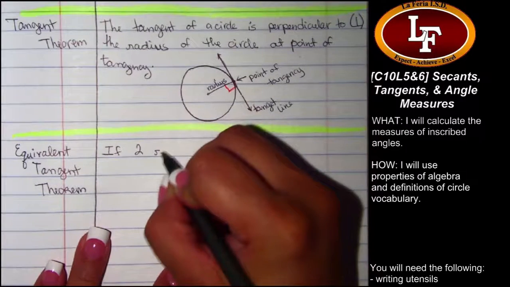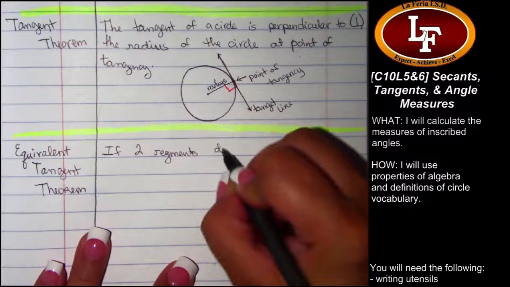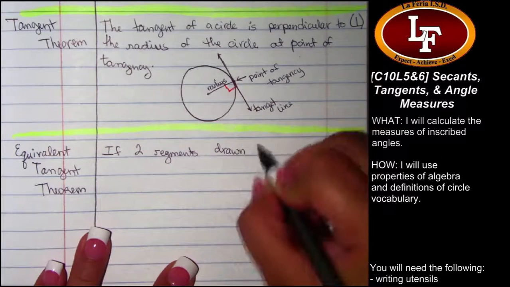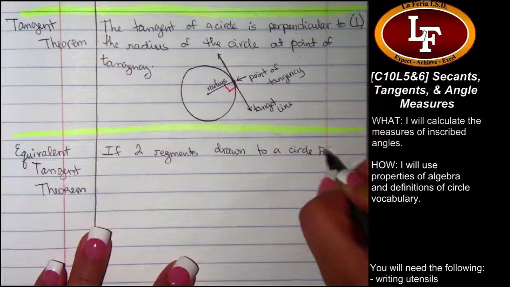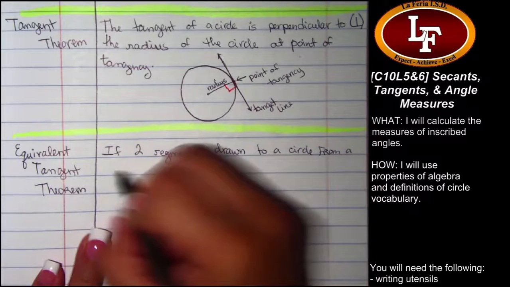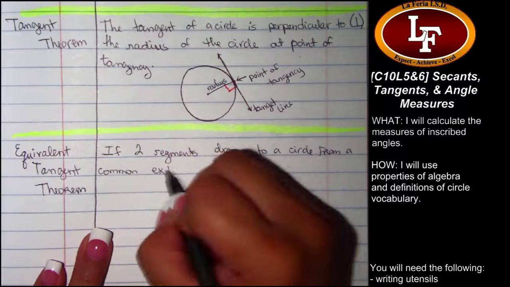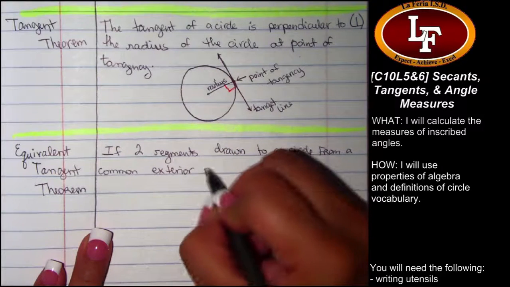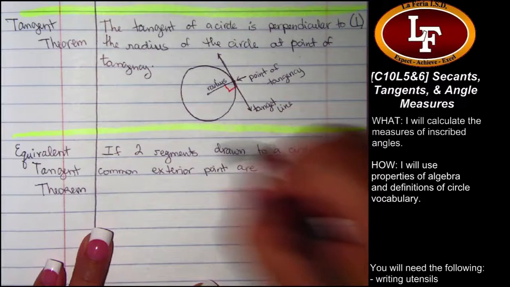It says, if 2 segments drawn to a circle from a common exterior point are tangents.